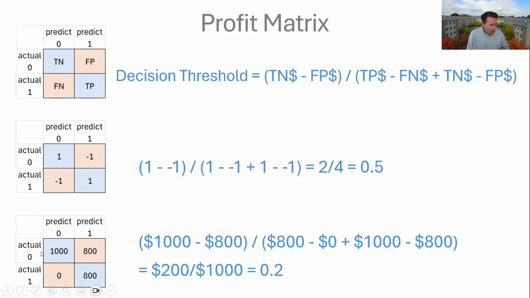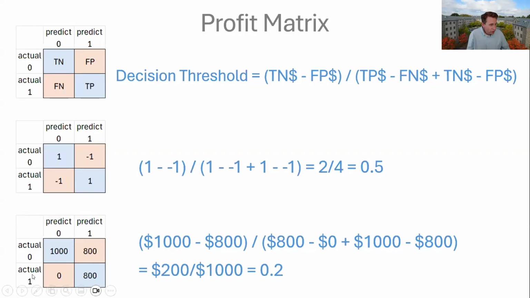If I predict they're not going to churn and they don't leave my service, let's assume our profit from that person for the next year is about $1,000. If someone is going to leave and I predict they're going to churn, I can intervene. Let's assume I give them a 20% discount, so they only pay me $800 instead of $1,000. That's an incentive to keep them to stay.